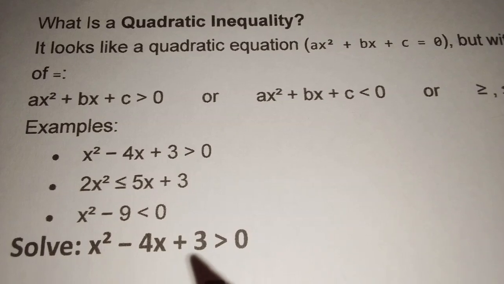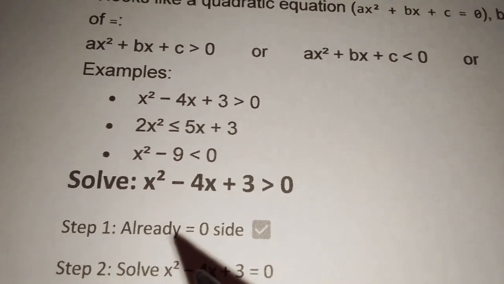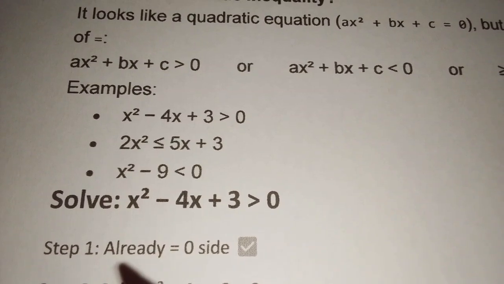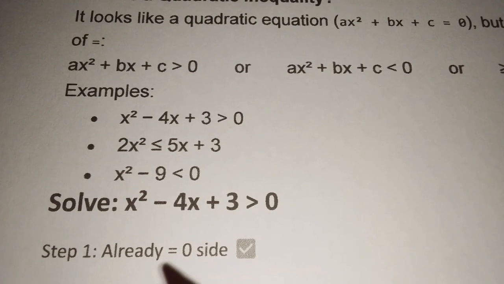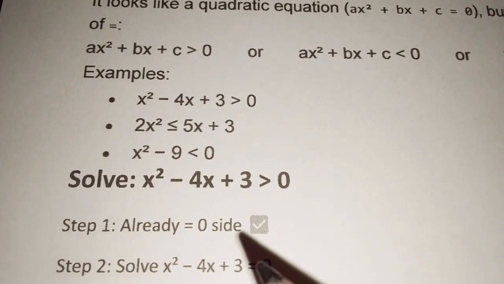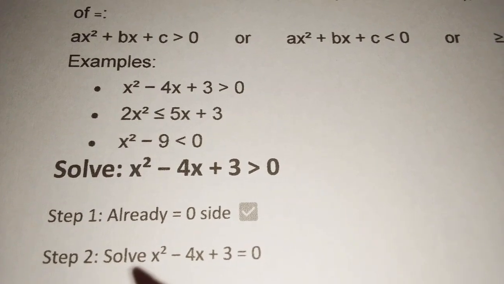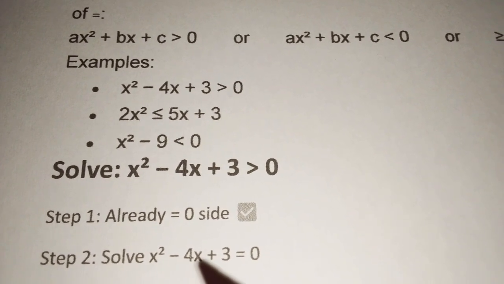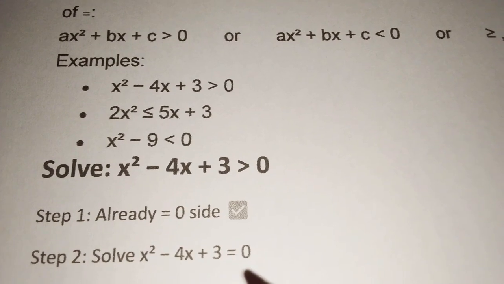Let's solve x squared minus 4x plus 3 is greater than 0. Step 1, make use of the equal symbol, equate this to 0. Then step number 2, solve x squared minus 4x plus 3 is equal to 0.